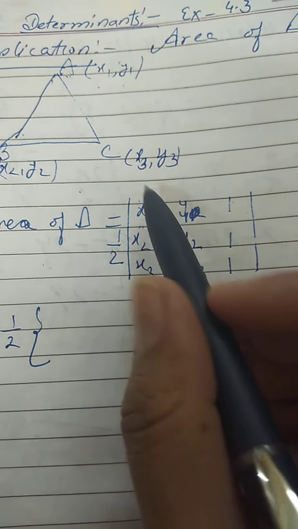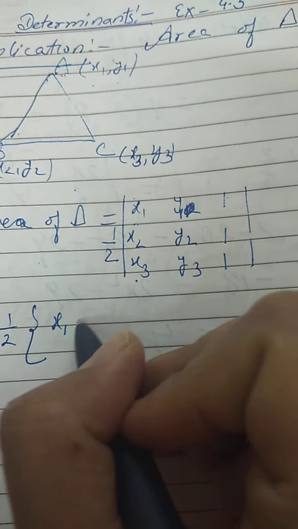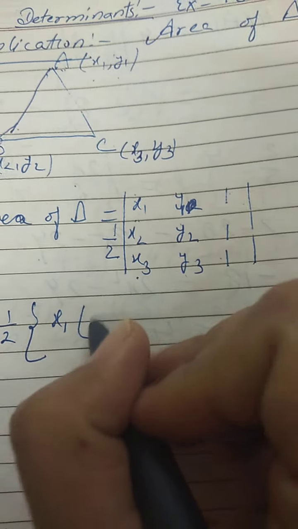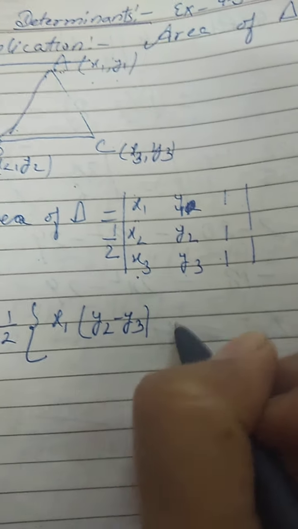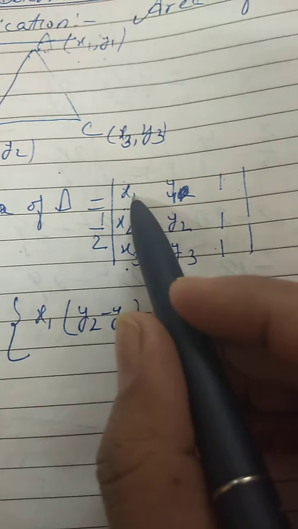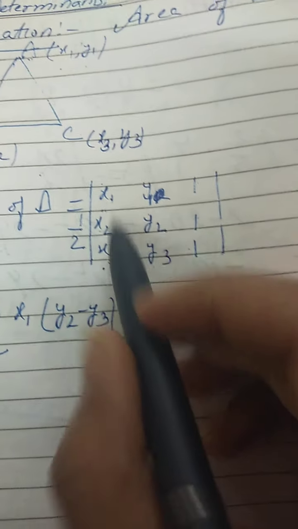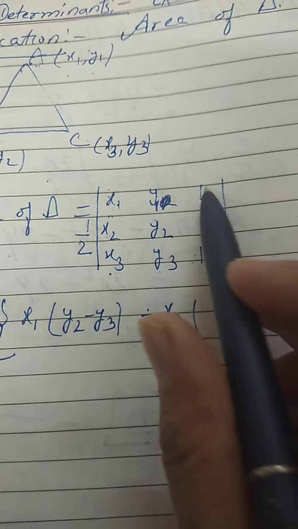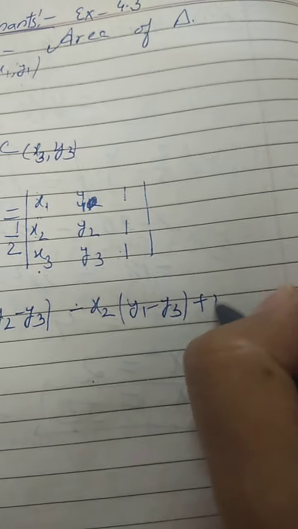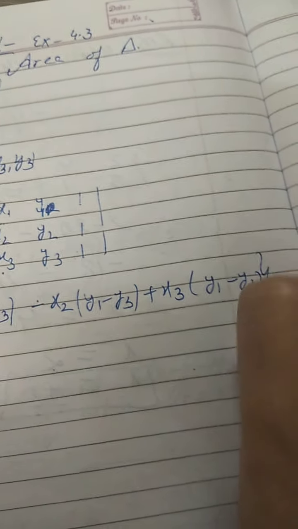Expanding along the first column, we get x1 into (y2 minus y3), minus x2, because the sign pattern is plus, minus, plus, into (y1 minus y3), and plus x3 into (y1 minus y2), right?